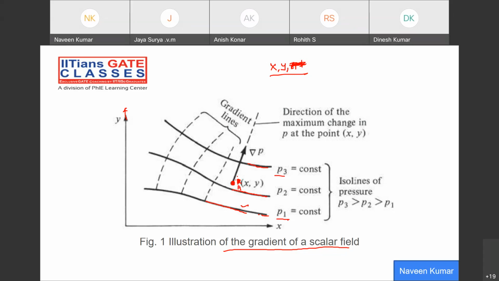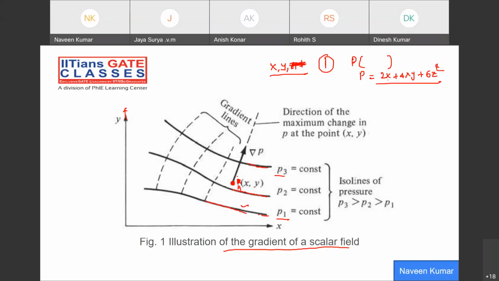The question can be asked in a different way. You know the significance of the gradient of pressure, right? The question can be in a different way. Consider the scalar field is given like this: p equals 2x plus 4xy plus 6z square, something like that.